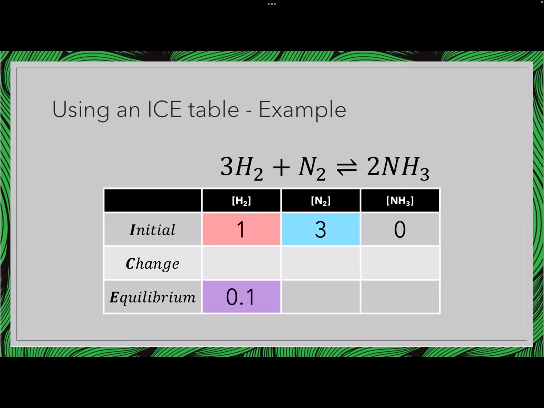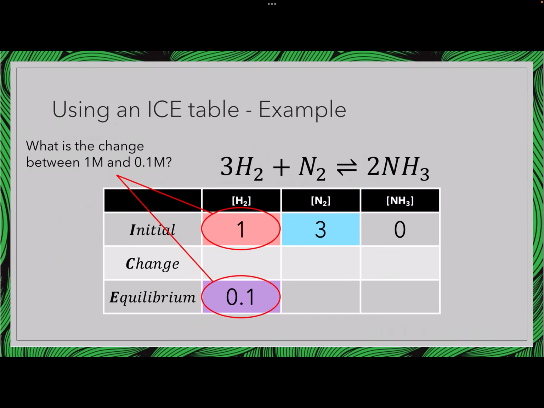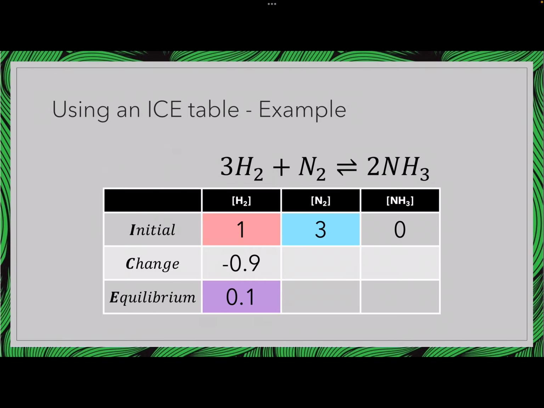Well, firstly, we know one of them: we know the initial amount and the equilibrium amount, so we can find the change. What's the change between 1 molar and 0.1 molar? It's negative 0.9. So we start at 1, we take away 0.9, we end at 0.1.